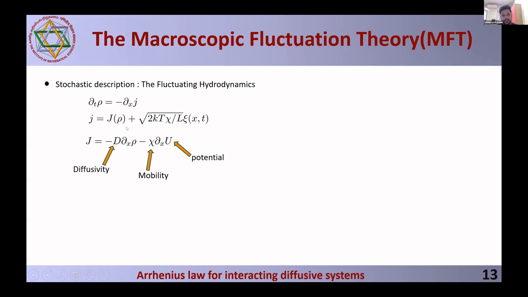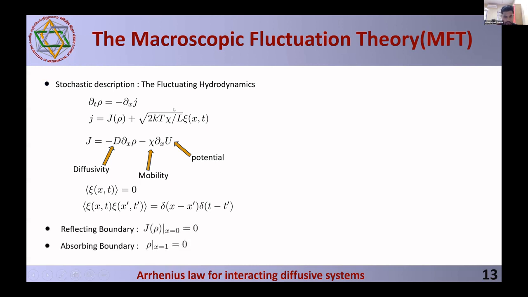Basically, one is the drift term and the other is a noise term, and this noise has mean 0 and is delta correlated in space as well as in time. Also, one should note that the strength of the noise depends on the mobility of the system.